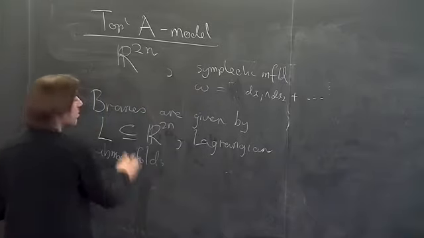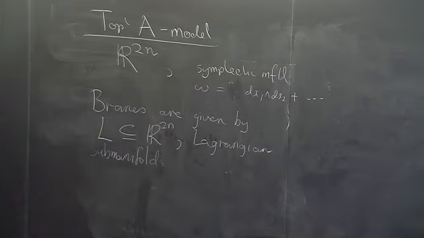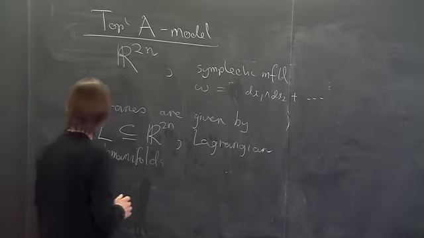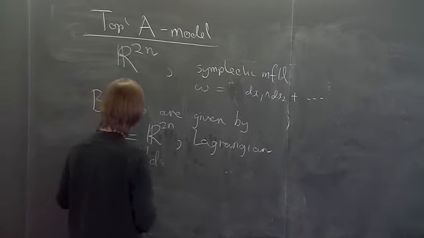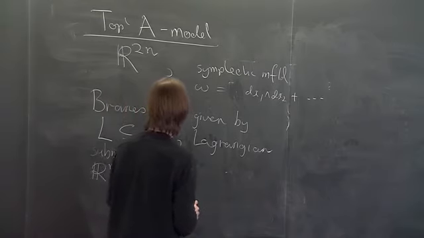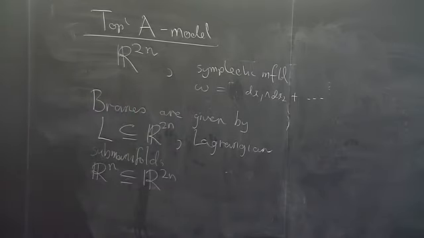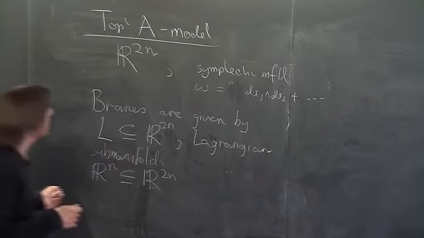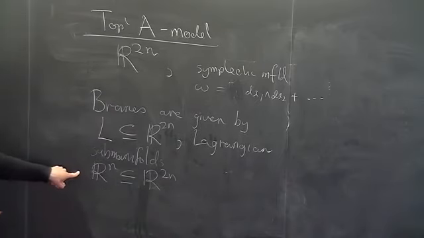So we're mostly going to be considering the simple case when these are linearly embedded. They're middle dimensional. Given a brane, you can consider the space of open string states from a string ending on that brane.